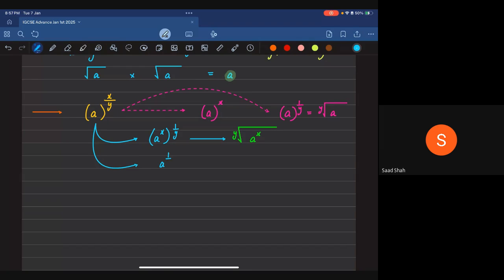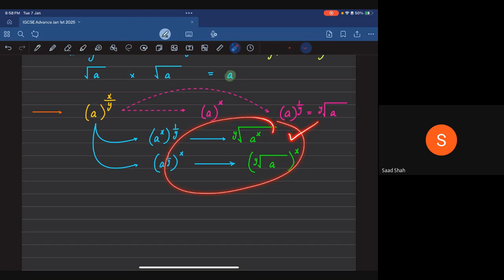You could take 1 over y inside and x on the outside. What will that do? You will just have to take the root of a, the base, first, and then take the whole power of it. So it depends on your question, it depends on what you're comfortable with, and it depends on what is accessible at the moment. Both of these ways are perfectly correct.